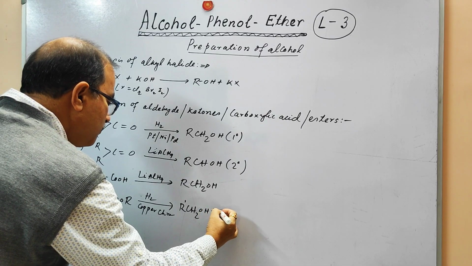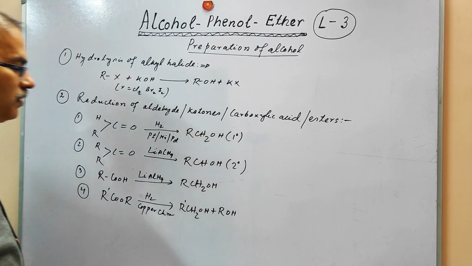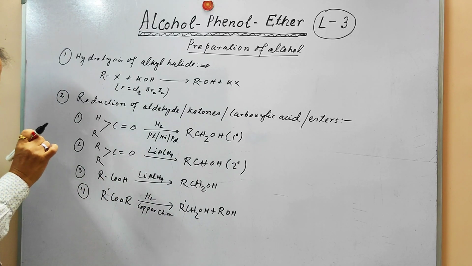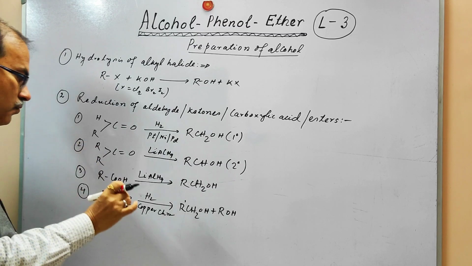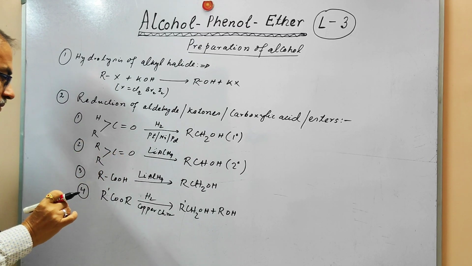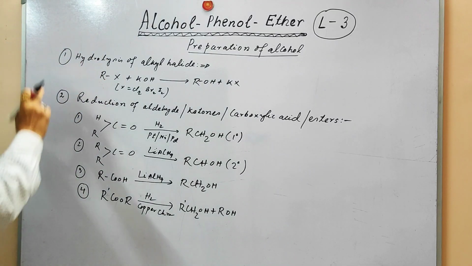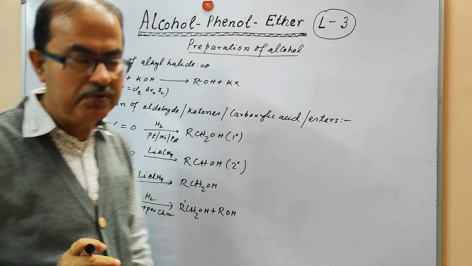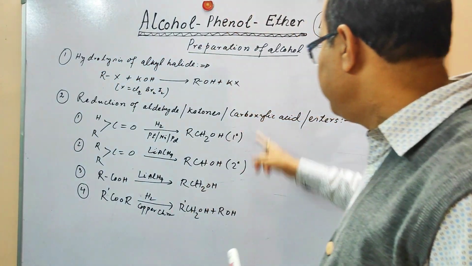Two alcohols it will produce. One alcohol will have the alkyl group which is present in the carboxylic acid, and another alkyl group which is present in the alcohol. So two alcohols have been prepared from this. So we can understand that by reduction of the carbonyl compound we are able to produce the alcohol in these four different ways.